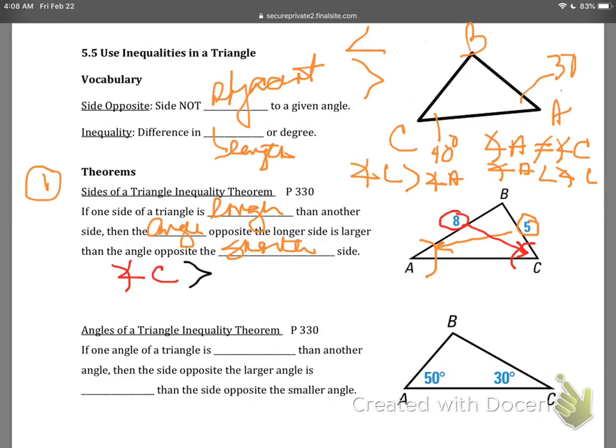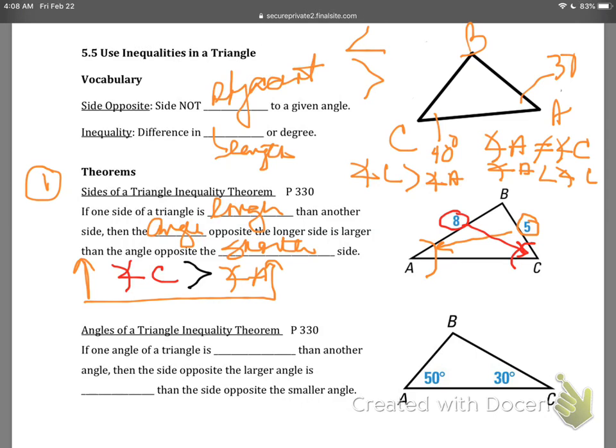So that angle C is larger than the angle opposite the shorter side. That means angle C is larger or greater than angle A. All right, this is tied to our sides of a triangle inequality theorem.